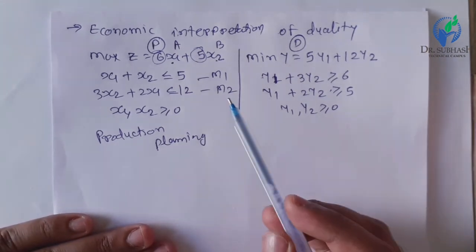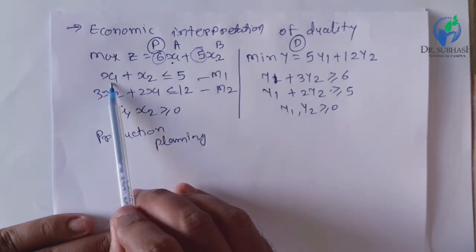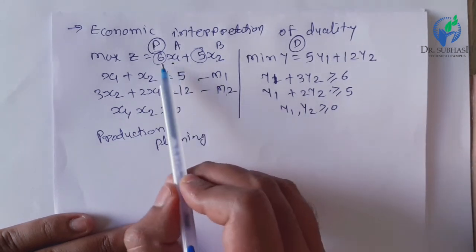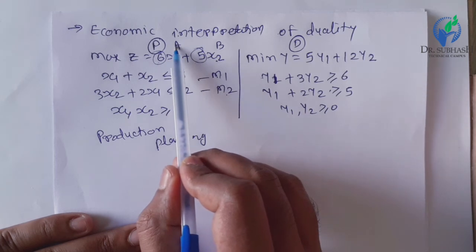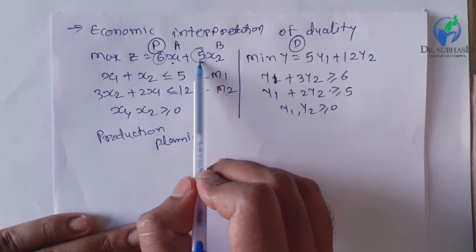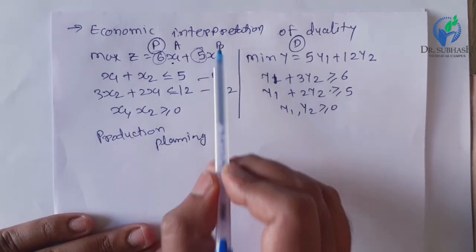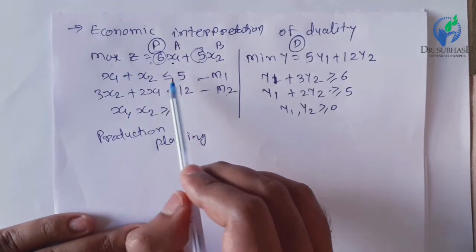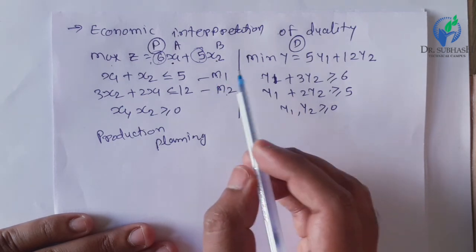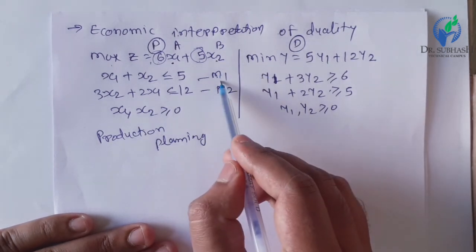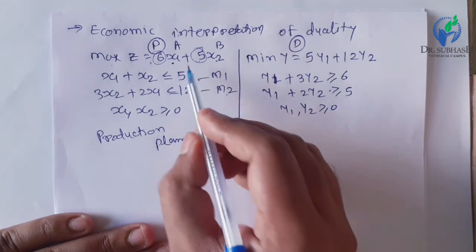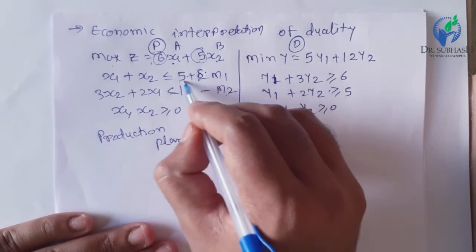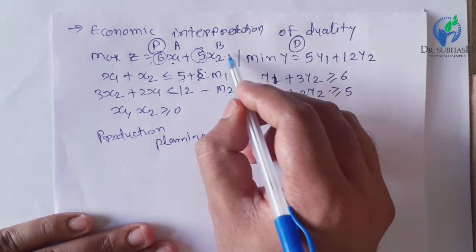Now in this case the manager would think that by utilizing the resources of M1 and M2 they can get a profit of 6 by producing 1 unit of product A, and a profit of 5 by producing a unit of product B. But the manager thinks, if I want to maximize Z by allowing some more machine hours, let's say for machine 1, if we increase the machine hours by a small value delta, then what would be the change in the optimization function or our profit margin?